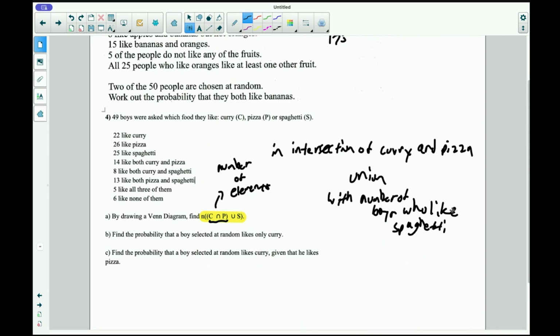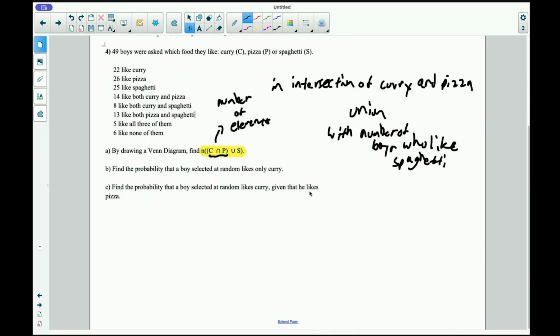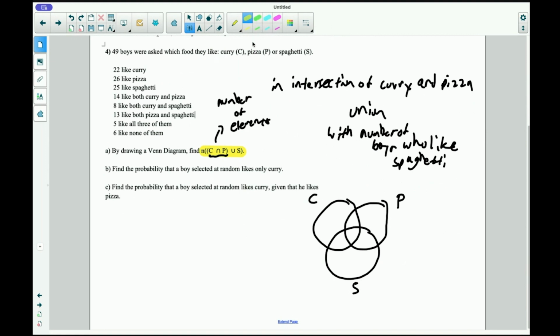Okay, so if I were to visualize what's happening here, let's go ahead and draw curry, pizza, and spaghetti. We want, first of all, maybe I'll do this in a slightly different color, let's highlight this again, the intersection of C and P. So they must like both curry and pizza.